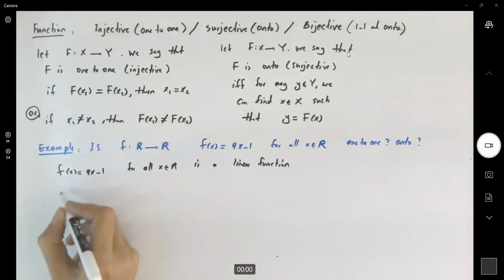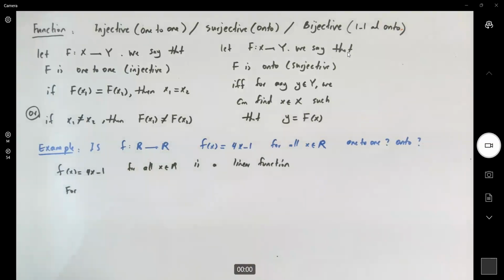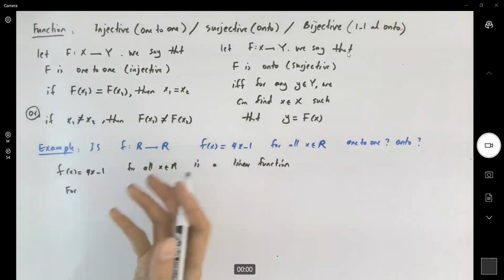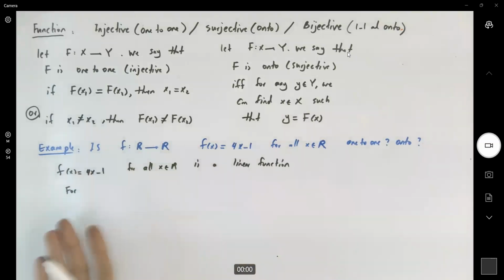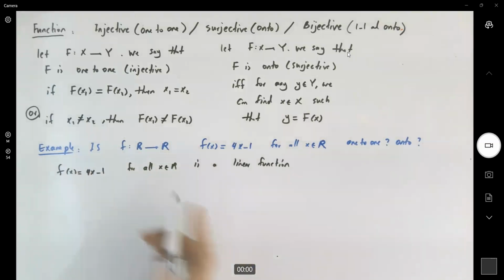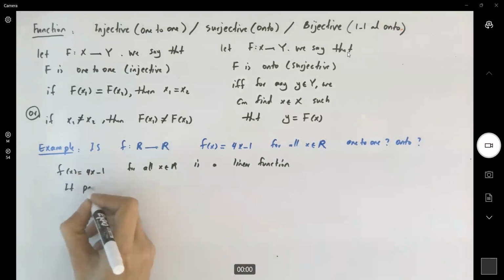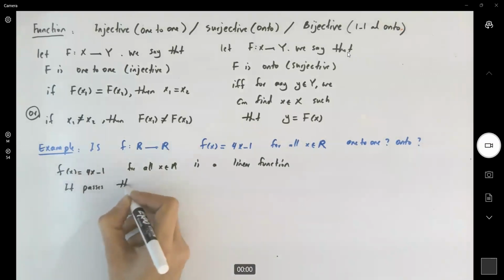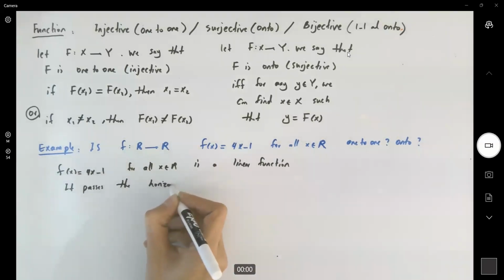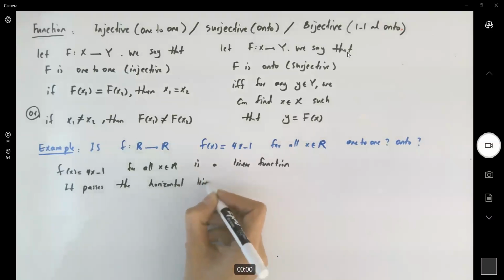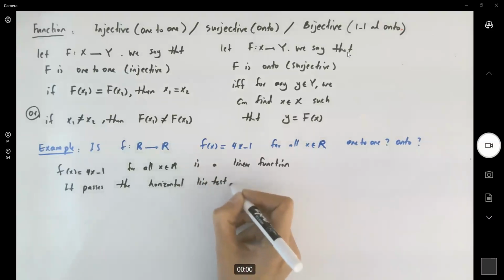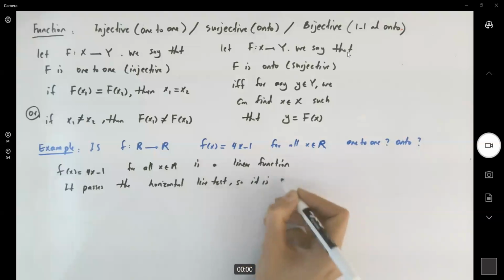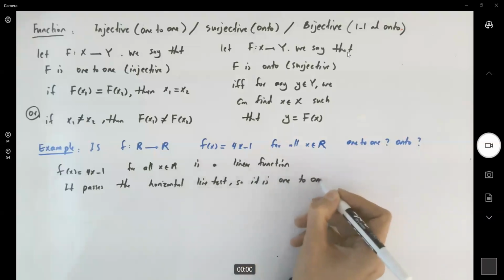So for any set of points, it passes the horizontal line test. So let me write this down. It passes the horizontal line test, so it is one-to-one.